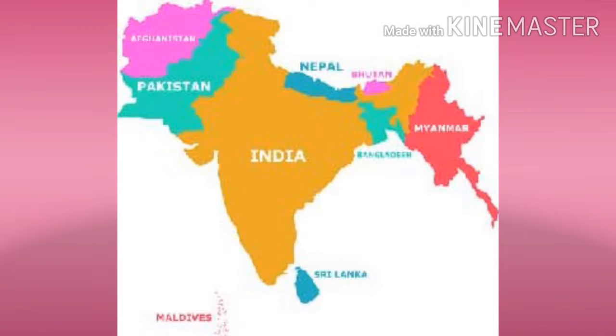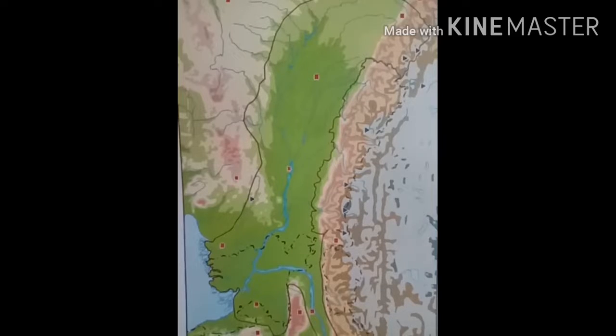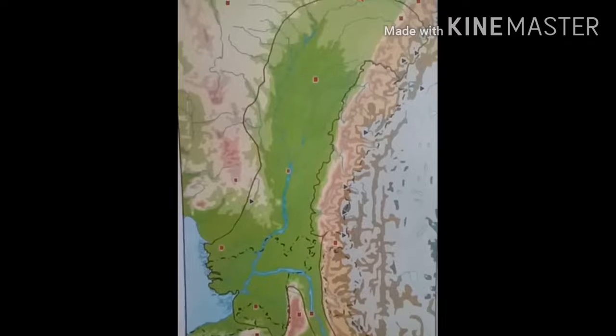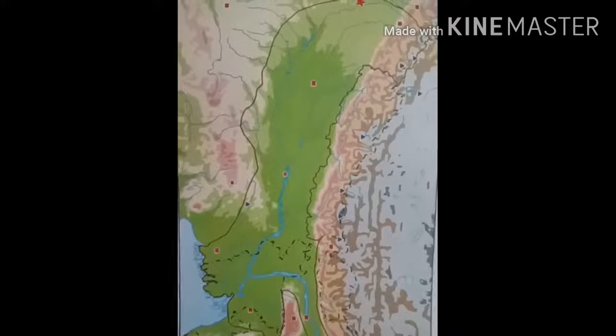Students, you have studied about the location and the neighboring countries of India. Now we will see the extent of India. India is bounded by mountains in the northwest, north and northeast.